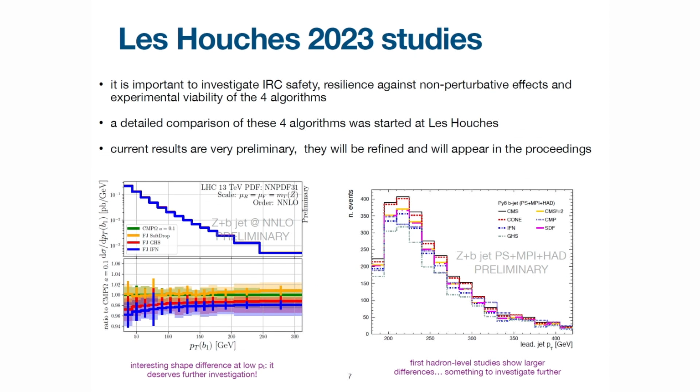What I wanted to say is that there was a discussion recently at Les Houches this year where the 4 groups came together and tried to compare the results on the same set of data. And indeed, this is still very preliminary, until Emanuele tells us that we should wrap this up. All 4 algorithms behave the same at next-to-next-to-leading order, or they give consistent answers.